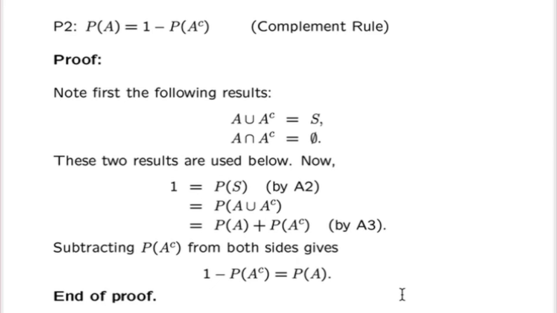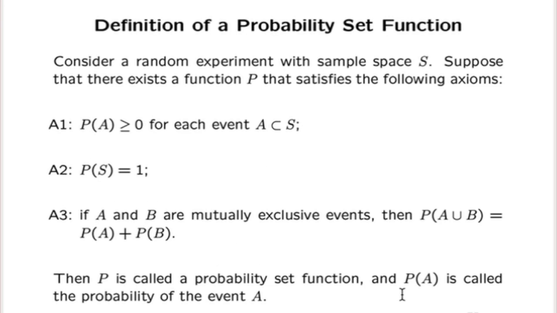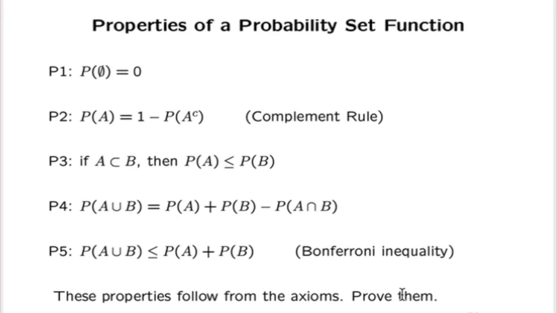Now let me just say that we do have 5 properties. Let me go back here. We've got 5 properties that at some point we're going to be able to make use of in proving other properties. In proving these properties themselves, we can only use axioms or properties that we previously proved.